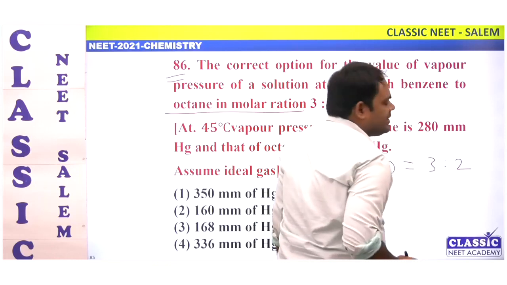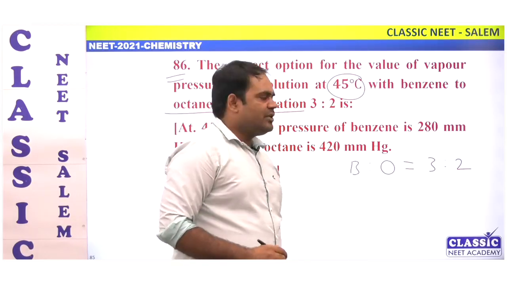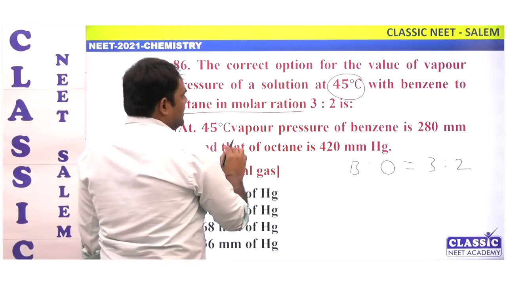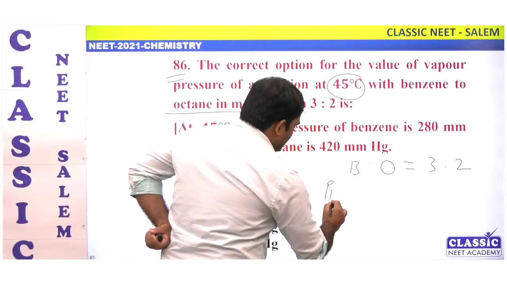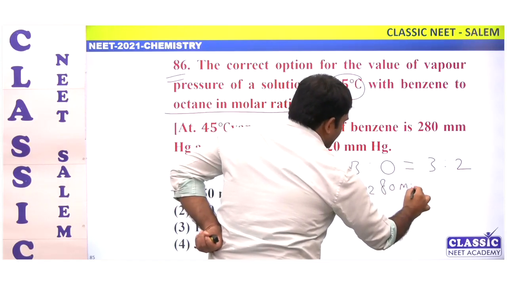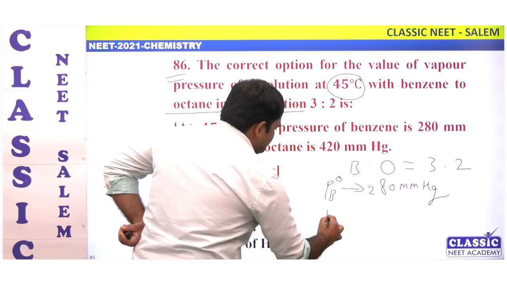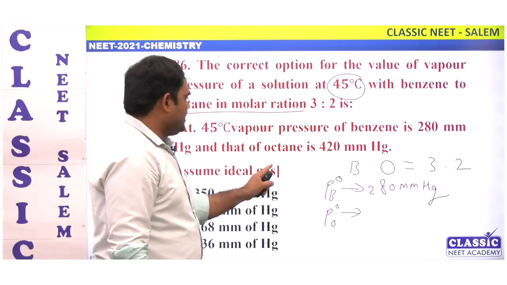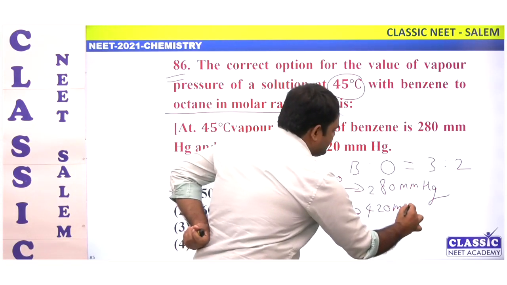That means 3 moles of benzene are present and 2 moles of octane are present. The vapor pressure of pure benzene, PB naught, is given as 280 mm Hg. What about PO naught? That is the pressure of octane in its pure state, 420 mm Hg.